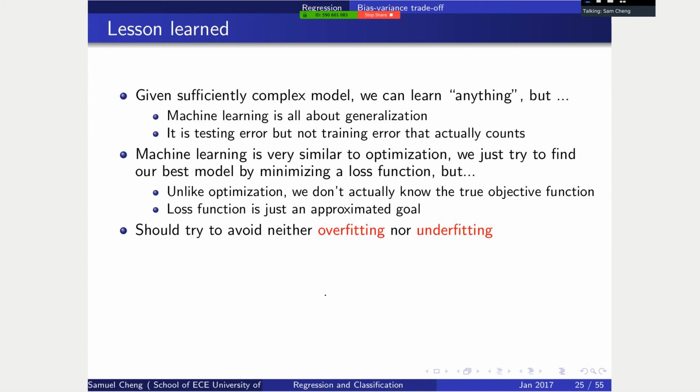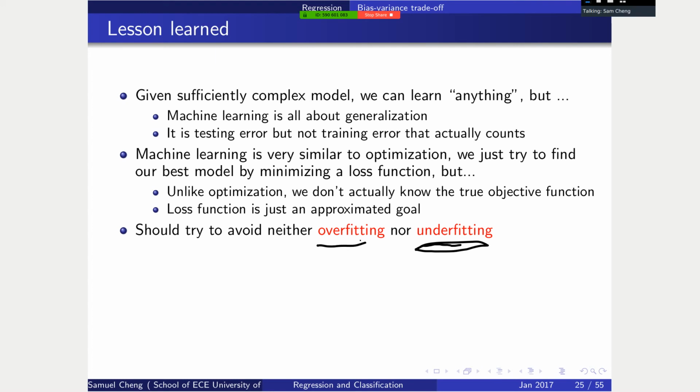For more or less all the other models, we need to go for some numerical method to optimize that. And of course, we don't want to underfit the model, so we want the model to have reasonable complexity and actually learn the data, but at the same time we don't want to overfit.